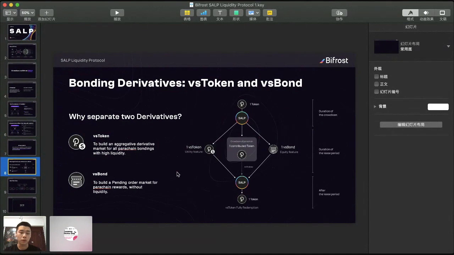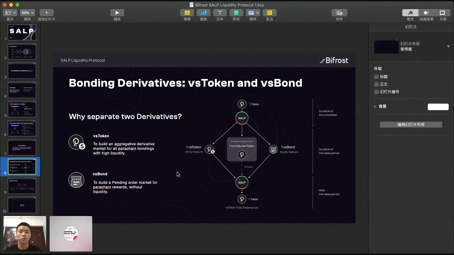So VS token is the utility feature of your underlying Kusama. You can sell it or you can buy it. You can treat it as a utility token. And the other one, VS bond, is the NFT, which represents that you actually contributed to the parachain, and you can get the parachain reward during the lease period.